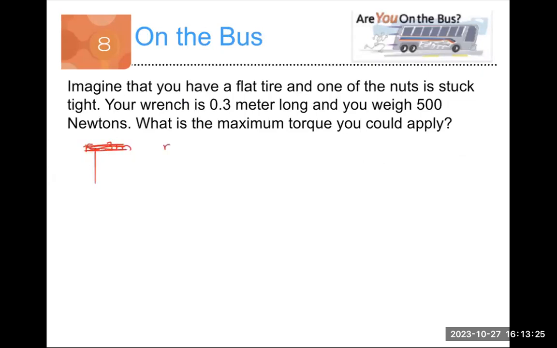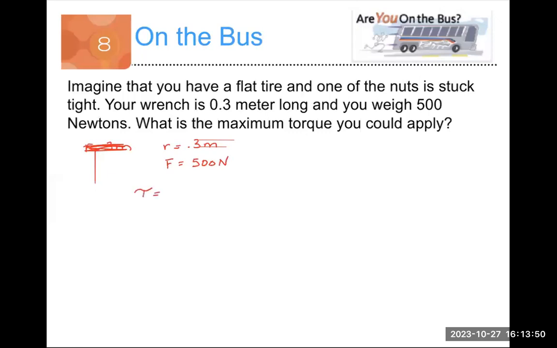Okay, R is actually 0.3 meters. And you weigh 500 newtons. So the force that you're exerting is your weight, which is 500 newtons. So what's the maximum torque?